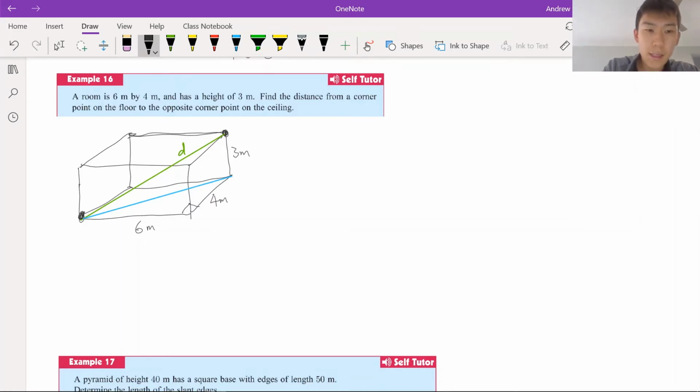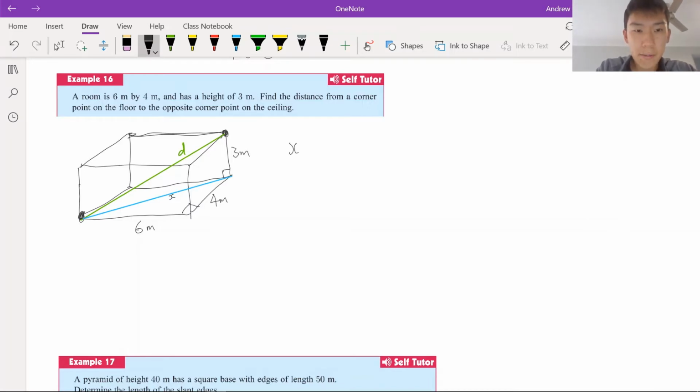So let's just call this blue line distance x. We're going to have to use Pythagoras theorem twice, because then there's a right angle there as well. So that's how we're going to find D.